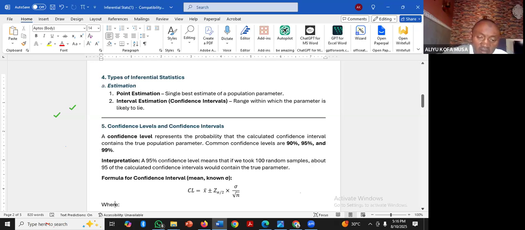A confidence level, that is CL, represents the probability that the calculated confidence interval contains the true population parameter. That what you have calculated as your confidence interval really is going to contain the true population parameter. That's your true parameter lying in between the confidence interval.